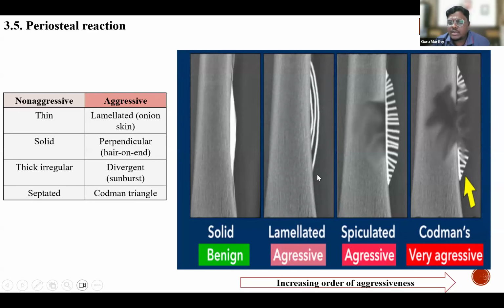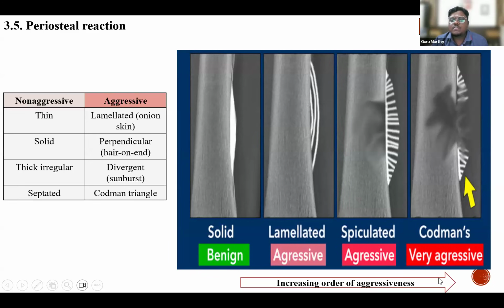Subsequently, you will have a multilaminated appearance, or there can be spiculated reactions, which can be parallelly oriented or perpendicularly oriented to the neoplasm, or it can be angulated in the case of sunburst, or it can elevate one side of the periosteum and grow beyond it and result in a triangular edge of the lesion known as Codman's.